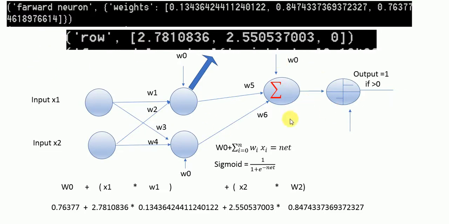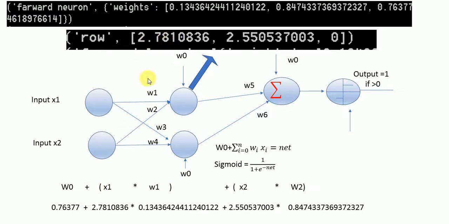And also for each row, there is a complete backward propagation. So for each row of input data that is given, there is a complete forward propagation and a complete backward propagation.